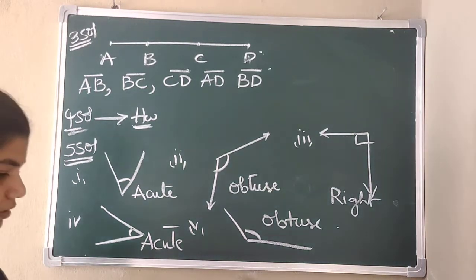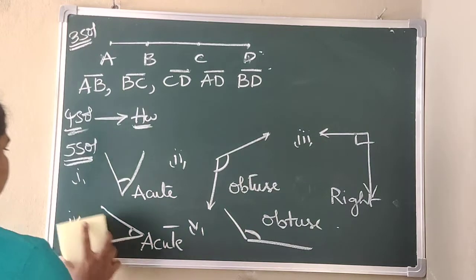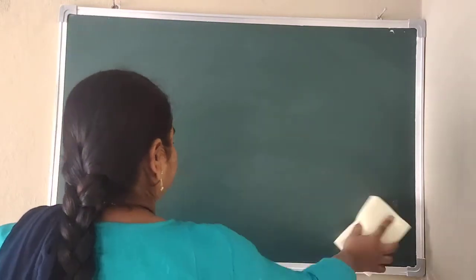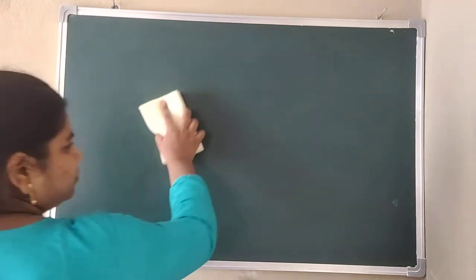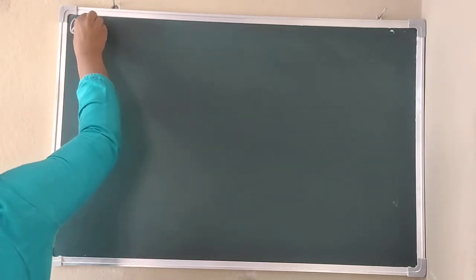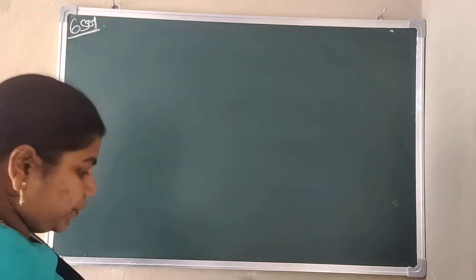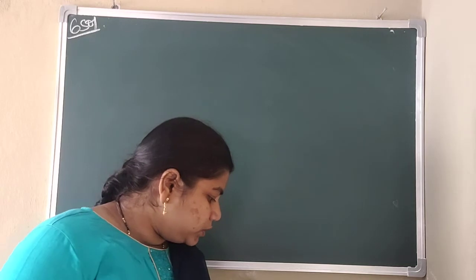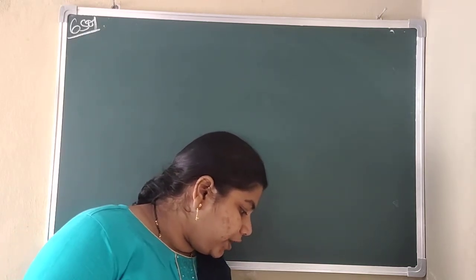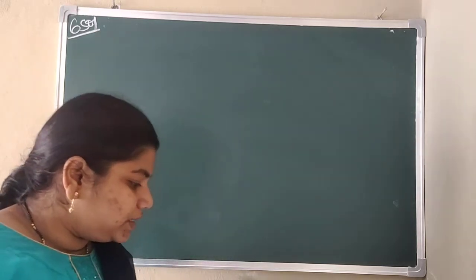Next is the 6th question. So what is the 6th one? Name all the possible angles you can find in the following figure. Name which are acute angles, obtuse angles and straight angles.